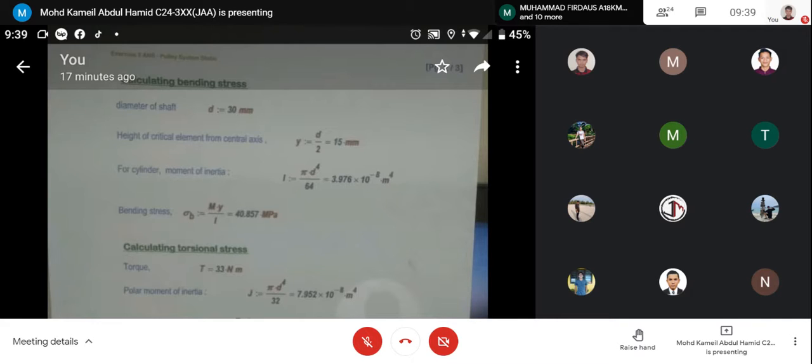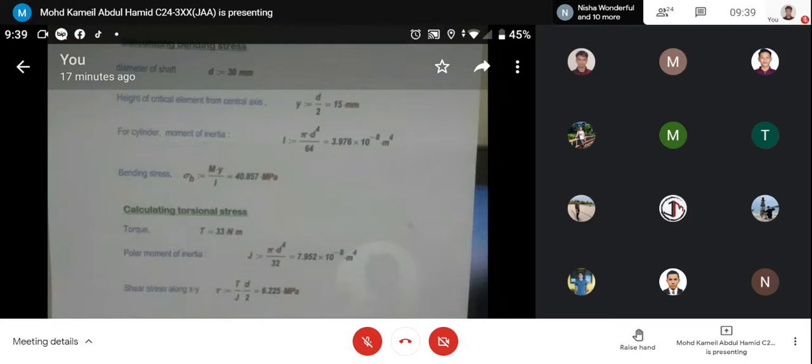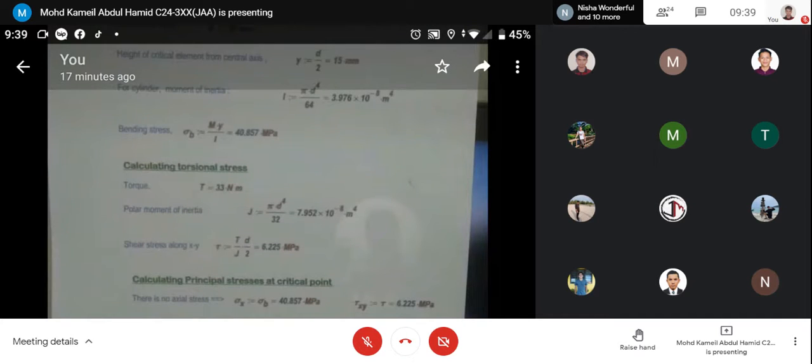The next one is the torsion stress. For torsion stress we use tau equals TR over J, or 16T over pi d cubed. T is 33.